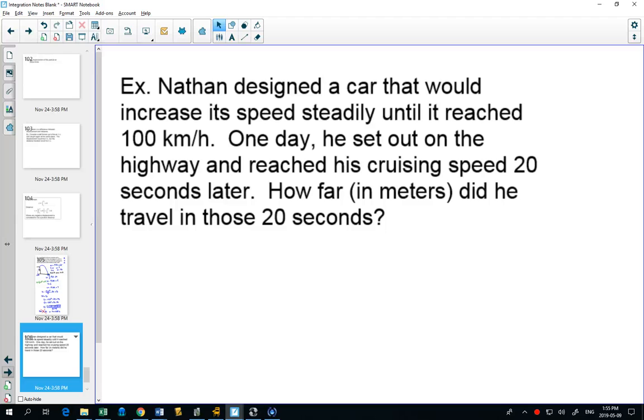Second question, a little bit harder. Nathan designed a car that would increase its speed steadily until it reached 100 kilometers per hour. Perhaps this was some kind of thought that if you maintain a constant acceleration, your gas mileage will be better, and so if you could just get onto the highway and push a button, your car would just perfectly increase until it reached the speed it wanted.